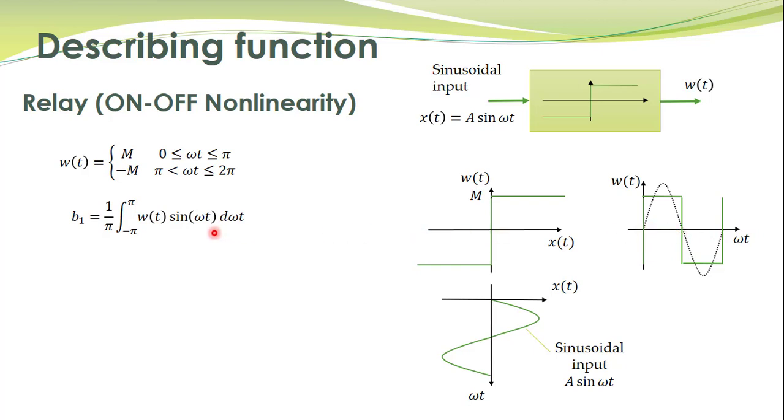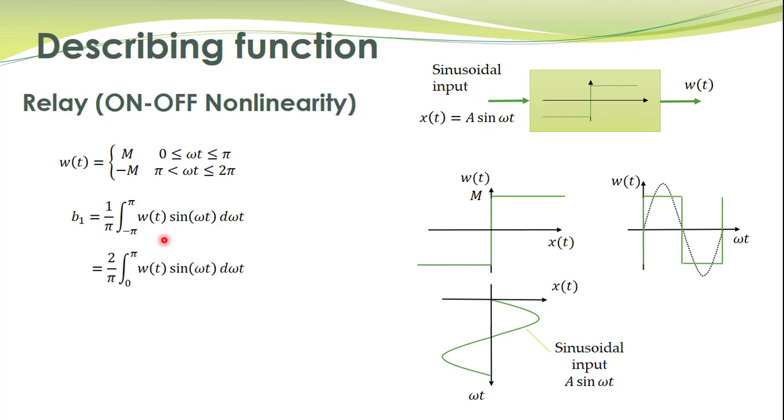So instead of integrating it from minus pi to pi, we can also integrate it from 0 to pi and then multiply that integral by 2.